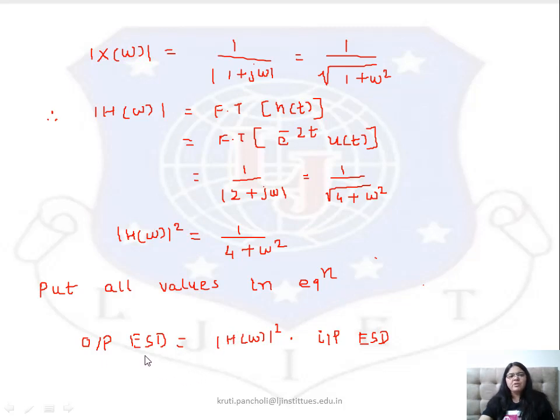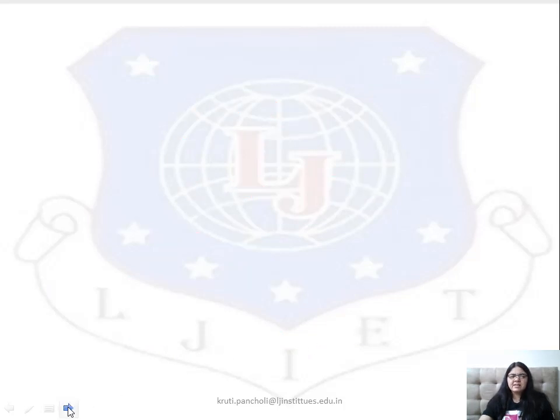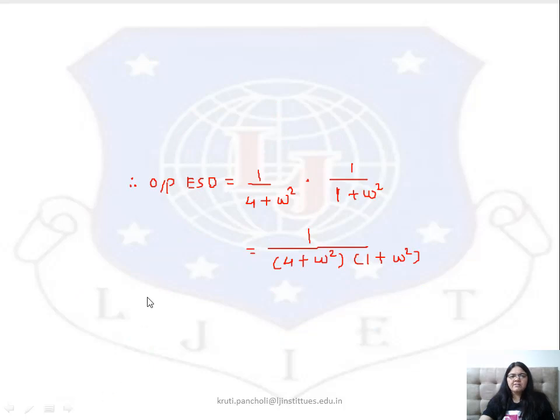Therefore, the output energy spectral density is equal to modulus of H(omega) squared into input ESD. So now putting all those values, you will get the output spectral density.